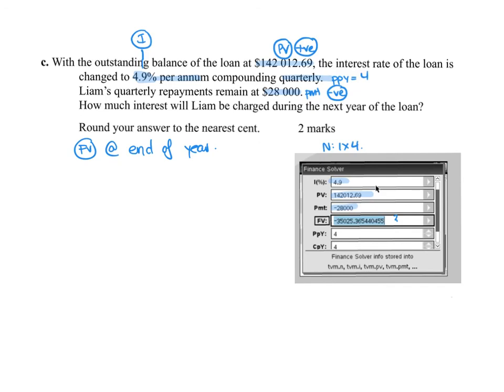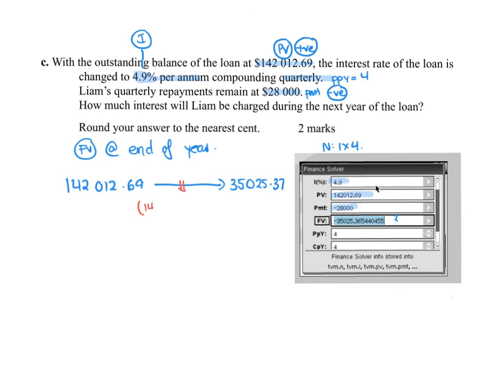So the loan has gone from 142,012.69 and has dropped down to, he still owes 35,025.37. So if you look here, this drop here, it's dropped down.